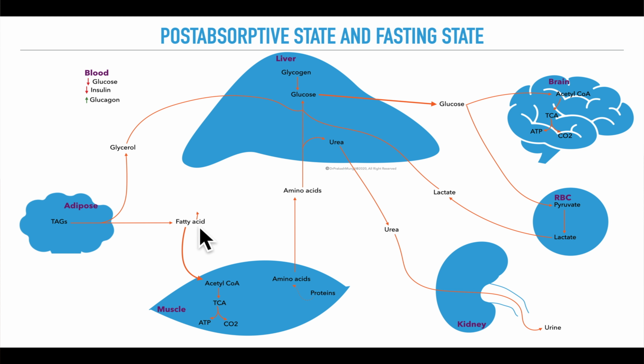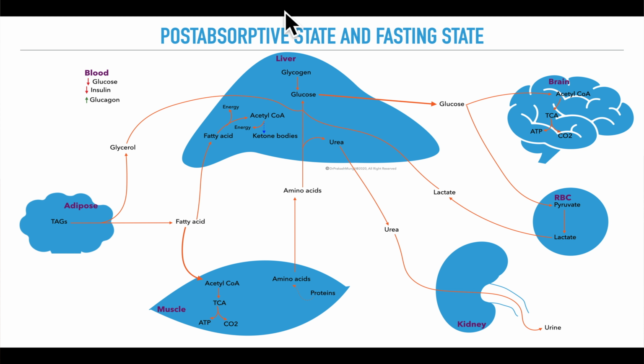Now, let us see what will happen to the fatty acids in the liver. Fatty acids get into the liver and undergo oxidation, that is the beta oxidation, which is again promoted by the decrease in insulin and increase in glucagon level, and ATPs come from that. Acetyl CoA can be used for ATP, and some of the acetyl CoAs are diverted into ketone bodies.